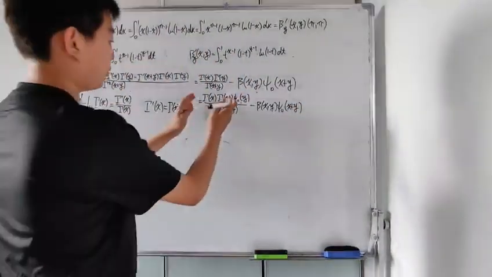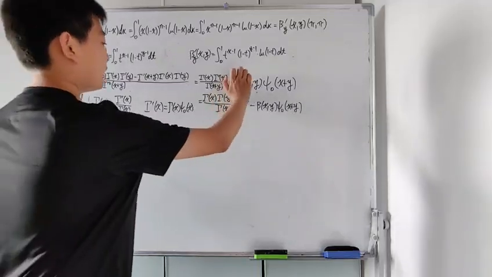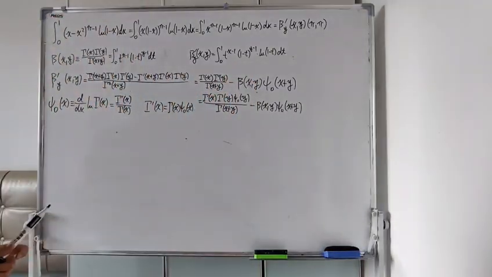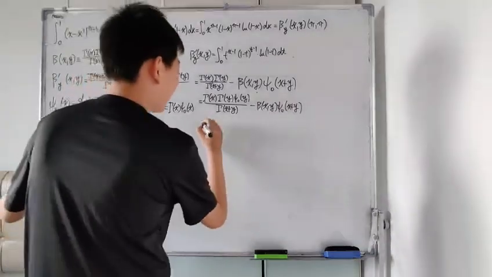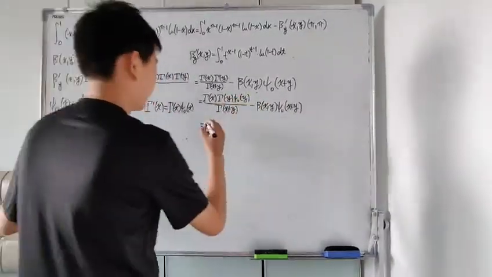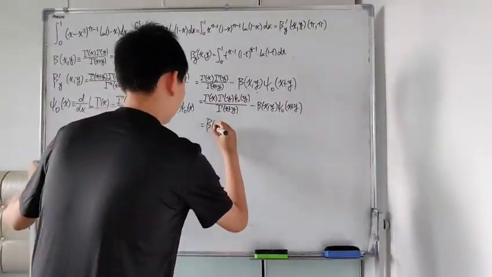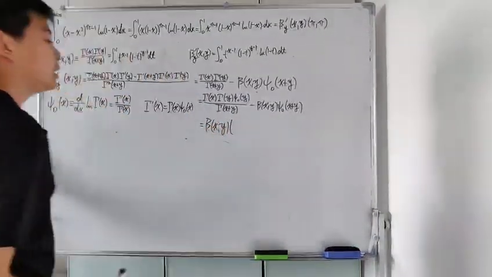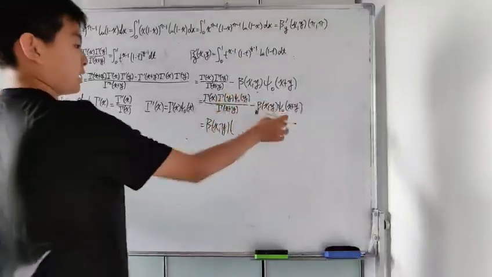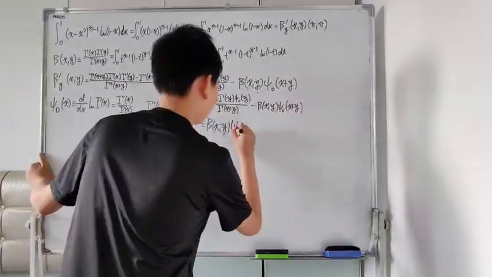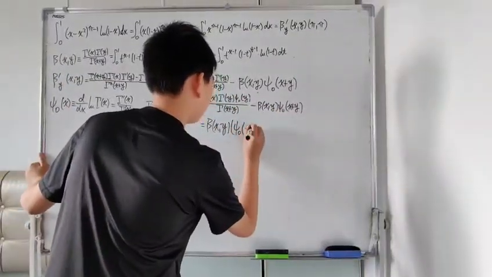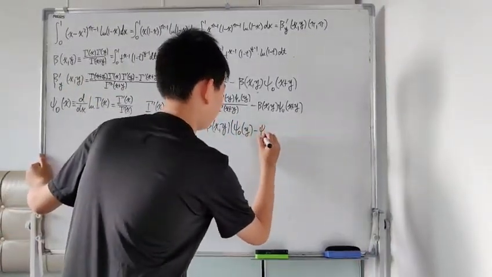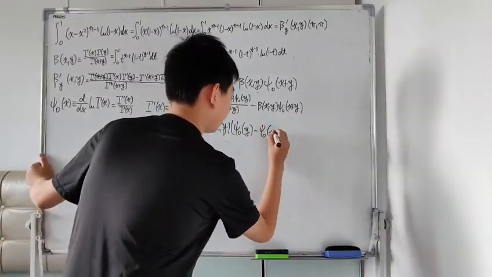Okay, so now we can look at these two terms. We can ignore that. We notice that this is just the beta times the digamma of y. And so now we can factor out a beta here. So we have beta of x comma y times digamma naught y minus digamma naught x plus y.